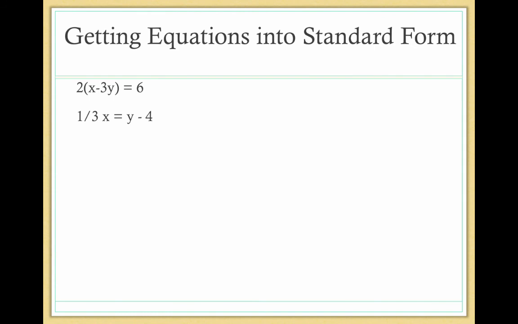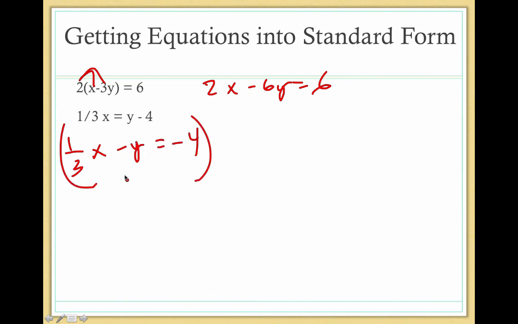You got to get them into standard form first before you can do the problem. So I would distribute this one by 2 maybe, and I get 2x minus 6y equals 6. I got a third, so I can do 1/3 x minus y is negative 4. Maybe I multiply both sides by 3, and I get x minus 3y equals negative 12.